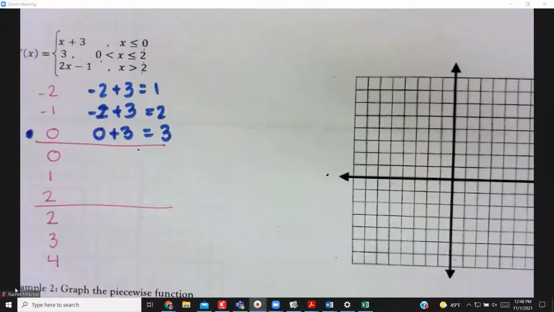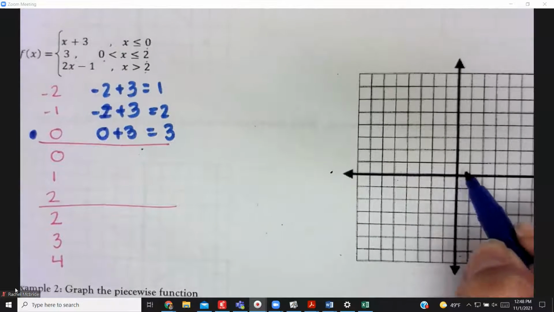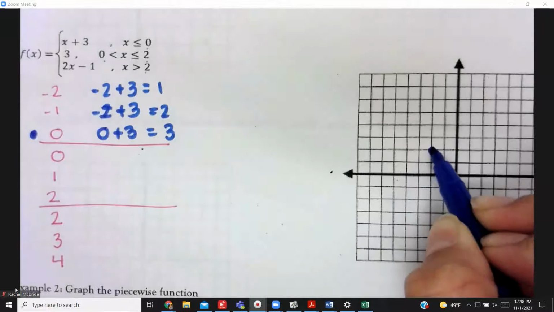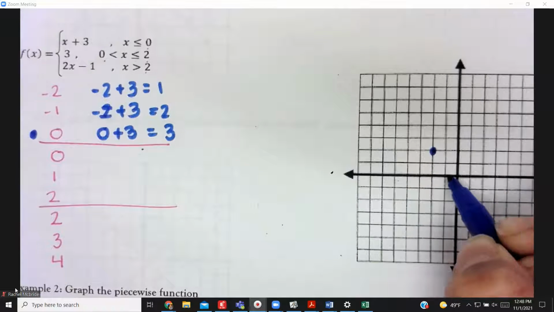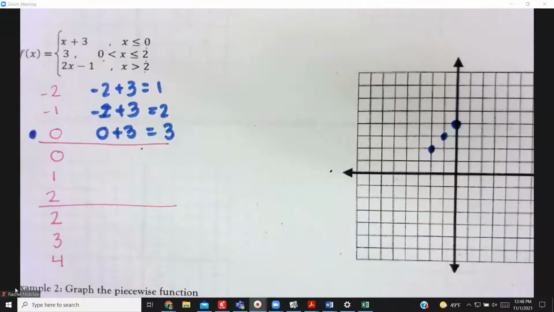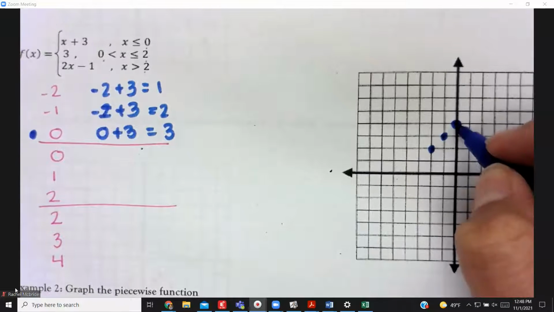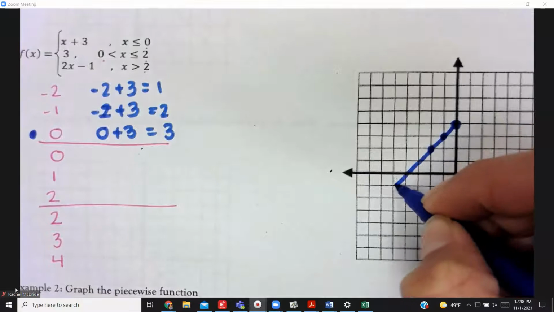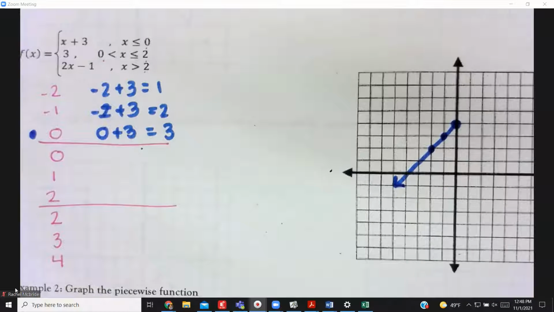So on my graph, I have the point negative 2, positive 1, negative 1, 2, and a closed point at 0, 3. This function is going down to the left.